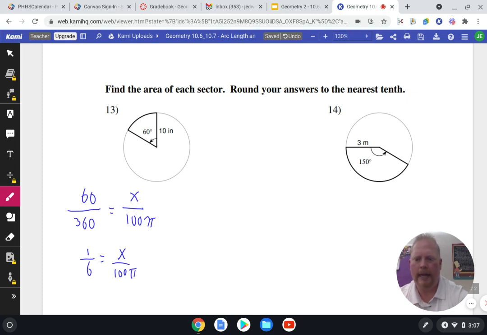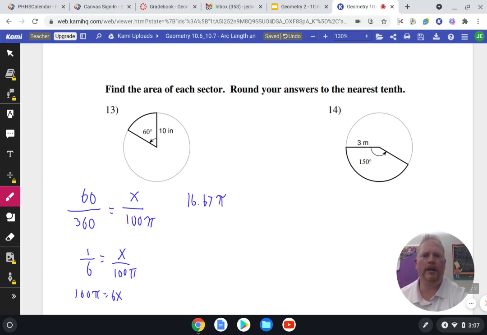Cross multiply, and I get 100 pi equals 6x. So divide by 6. You get 16.67 pi.